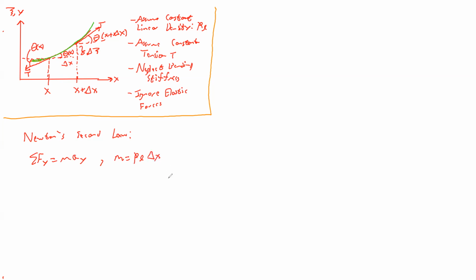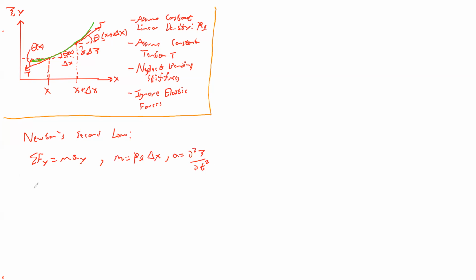And I should mention linear density has units of kilograms per meter instead of kilograms per meter cubed, which is what normal density is. So these units check out. Also, acceleration is the second time derivative of position with respect to time. Just think back to either freshman physics, or I think it's even covered in calculus.